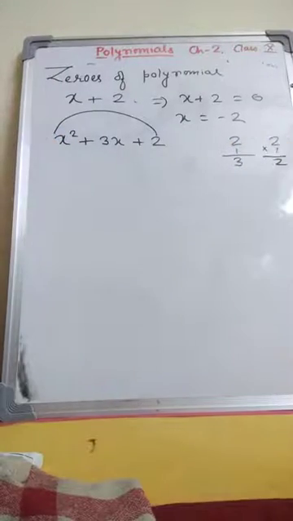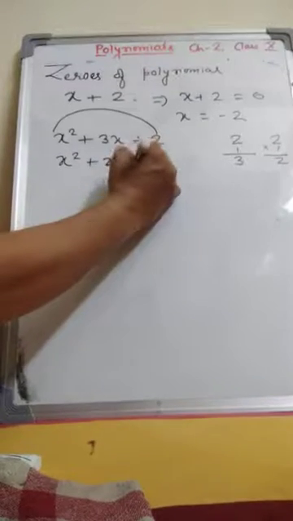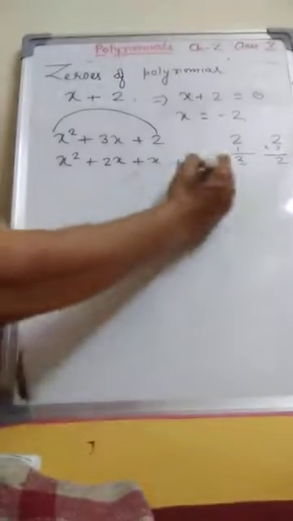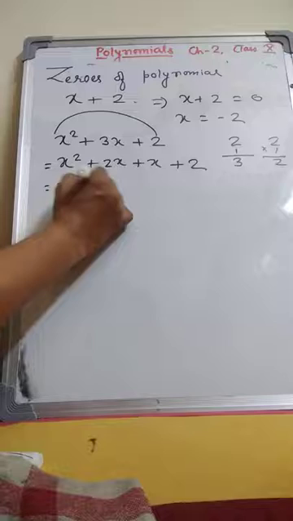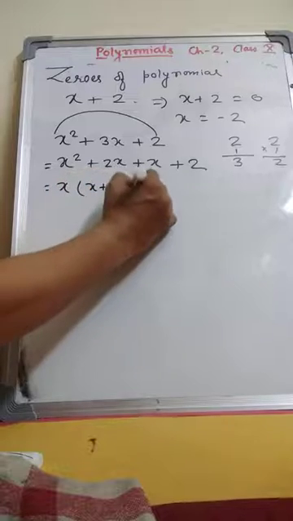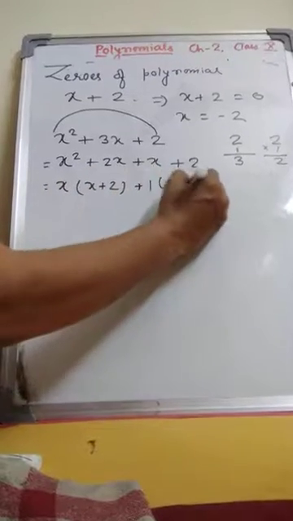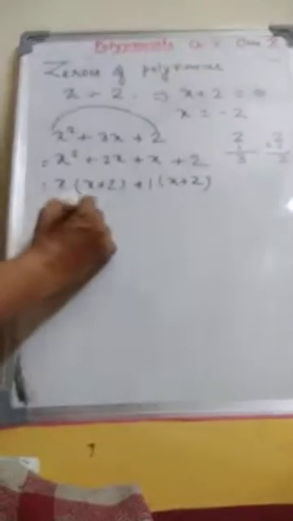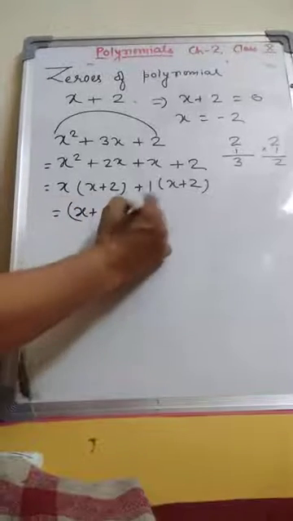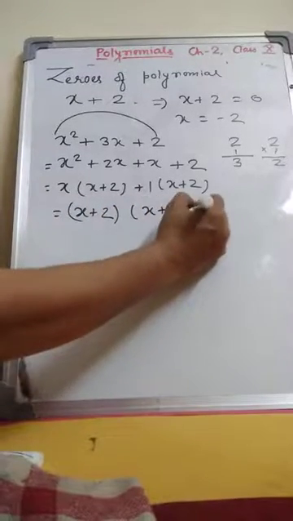So this is called middle term splitting, already we had studied. This is x square plus 2x plus x plus 2. Now x is taken common, x plus 2, and 1 is taken common, x plus 2. Now it is x plus 2 into x plus 1.